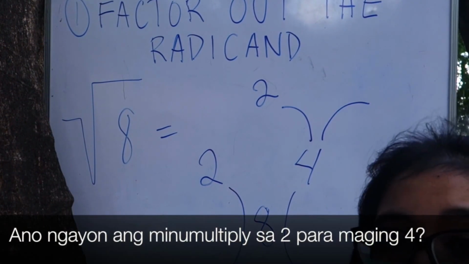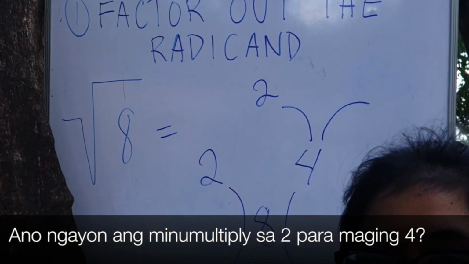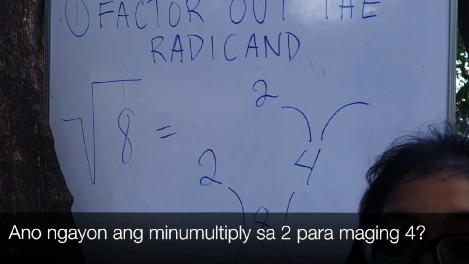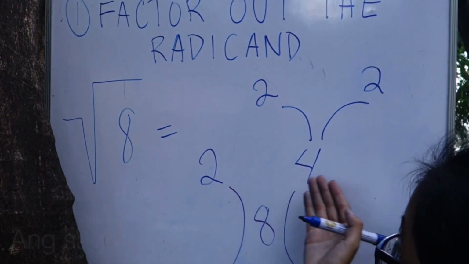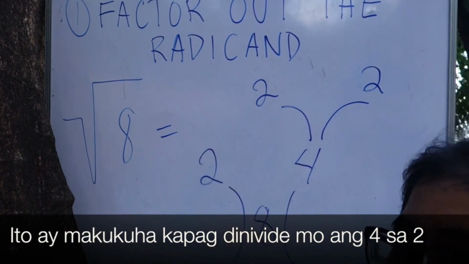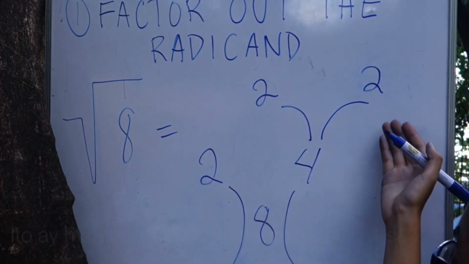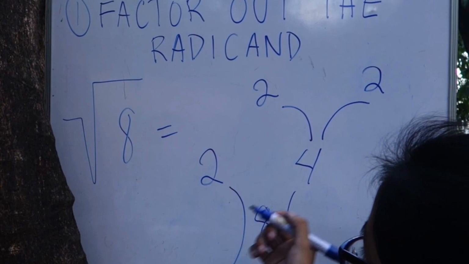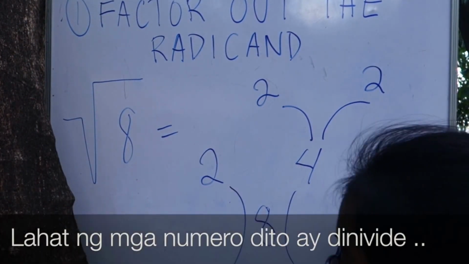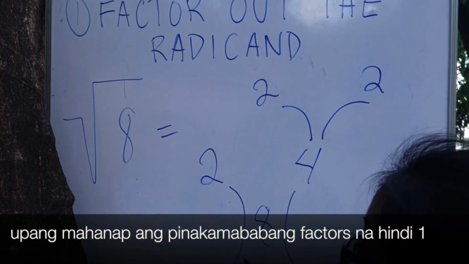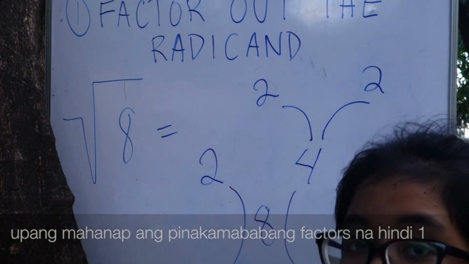Now, what is multiplied by 2 to get 4? It is 2. Or you can simply divide 4 by 2, and you also get 2 again. So now everything is divided into the lowest possible factor that is not equal to 1.